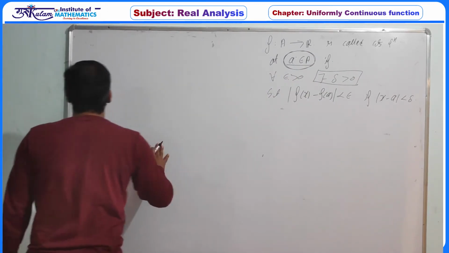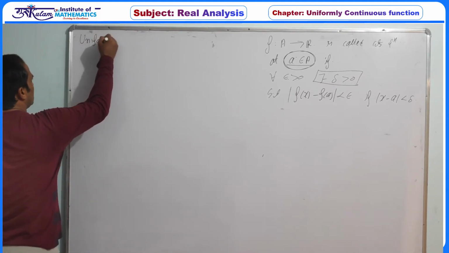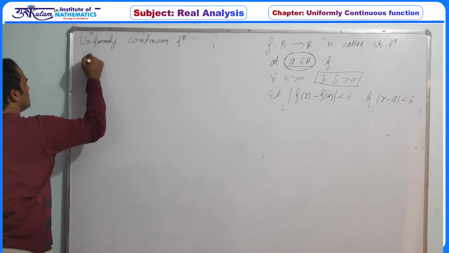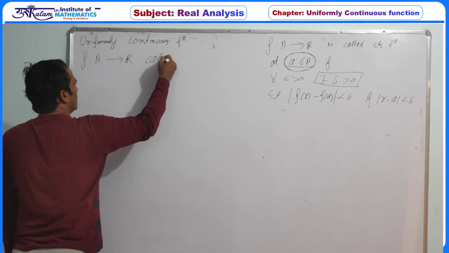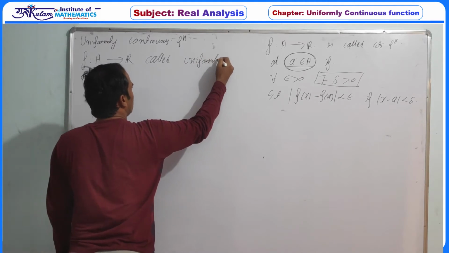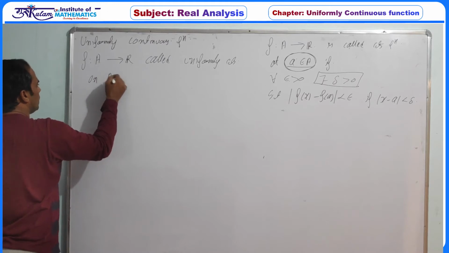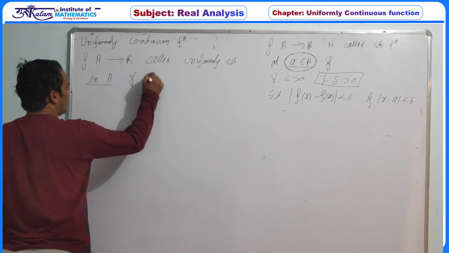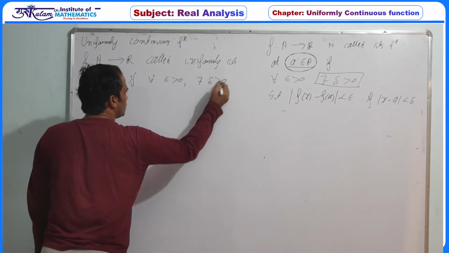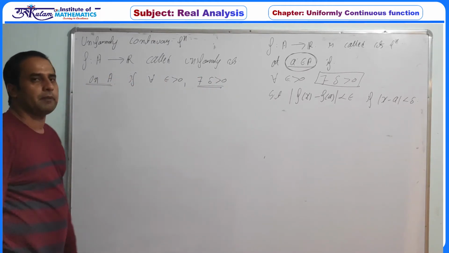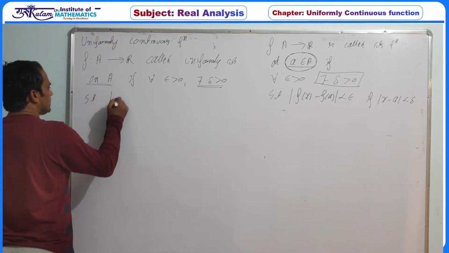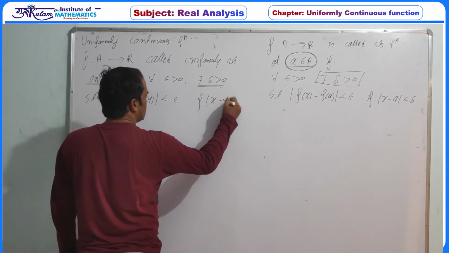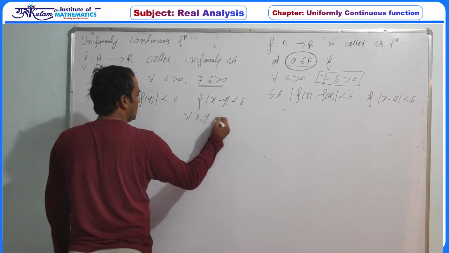Whereas when we define a uniformly continuous function, a function defined from a set A to R is called uniformly continuous on A. Uniform continuity is always a domain based property, if for every epsilon greater than 0 there is a delta greater than 0, where the existence of delta is a function of epsilon only, such that the distance between images f(x) and f(y) is less than epsilon whenever the distance between x and y is less than delta, and this holds for all x and y belonging to A.